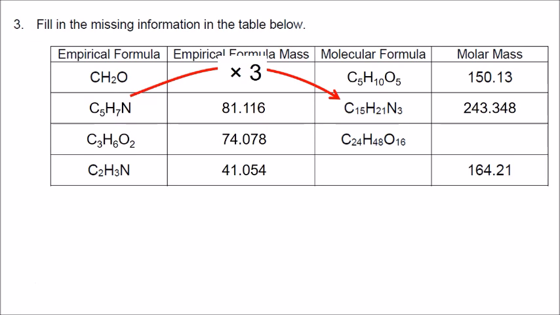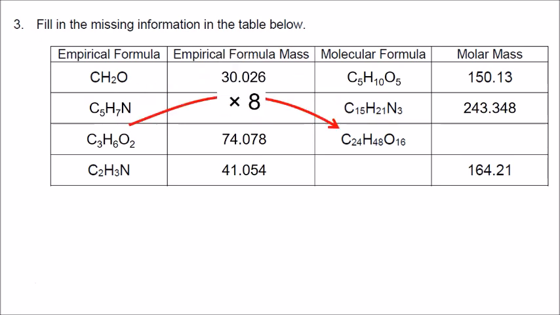In our next example, we're going to multiply by 8. So therefore, the molar mass would be 74.078 times 8. And if we do that math, we get 592.624.